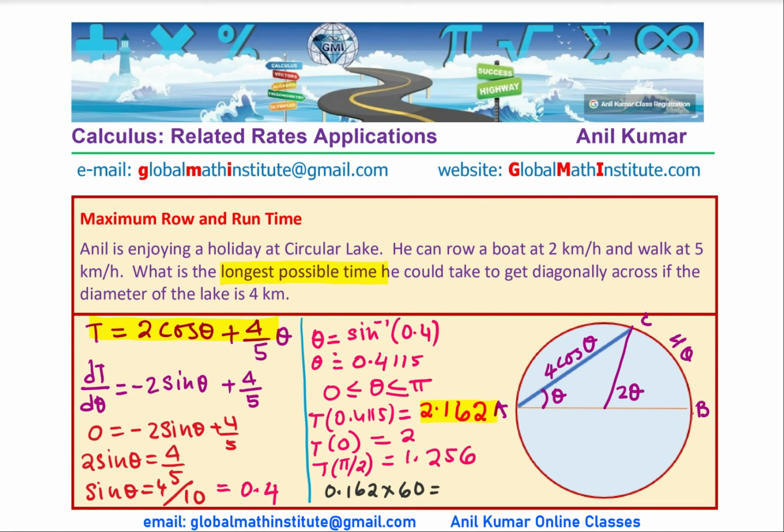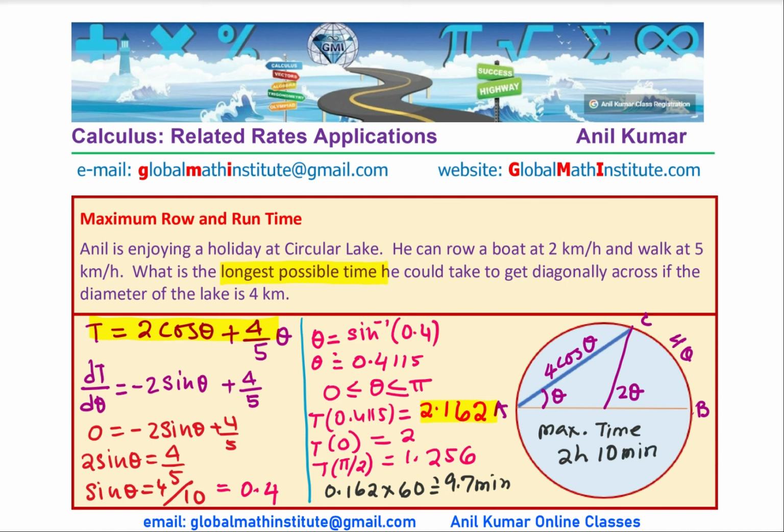So let's do this part so that we get time in hours and minutes. 0.162 times 60 gives us approximately 9.7 minutes. So let's say 10 minutes, right? So the maximum time can be 2 hours and 10 minutes.